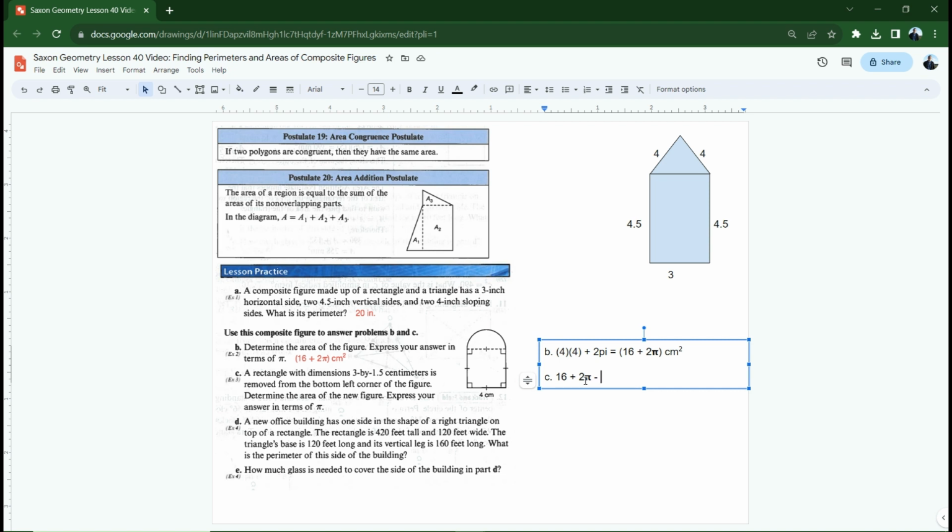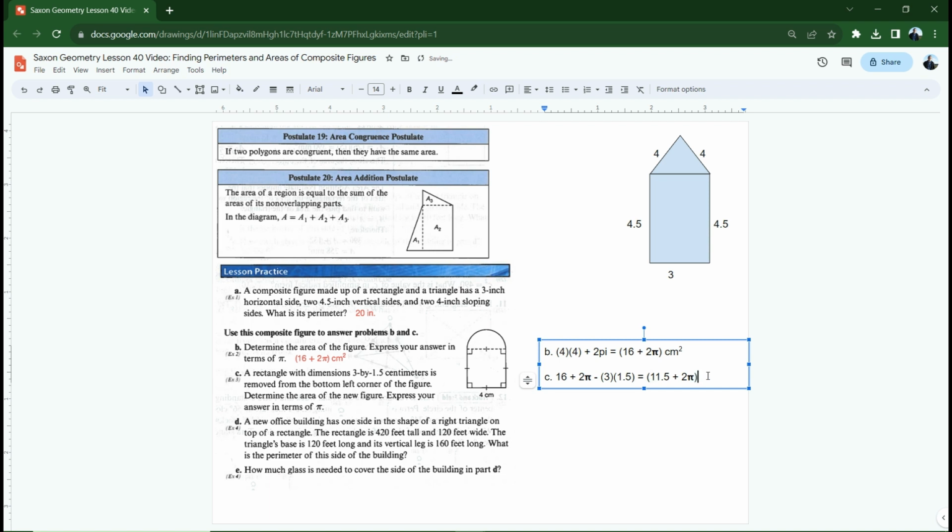Except now I need to subtract a rectangle with dimensions 3 by 1.5, or 4.5, right? Well, 16, I can combine 16 minus 4.5. 16 minus 4.5 is 11.5. It's still going to be plus 2 pi. 11.5 plus 2 pi, and it's still going to be centimeters squared.